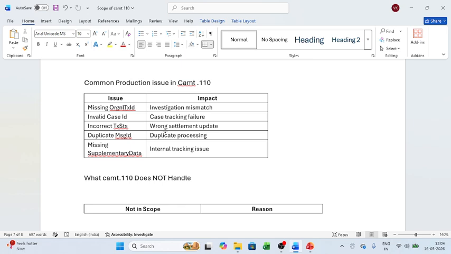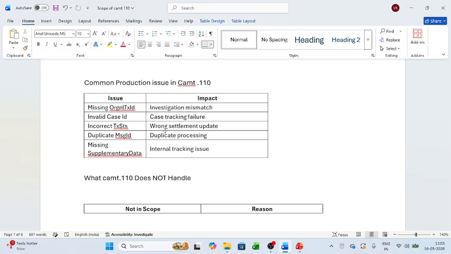Only then can you raise the camt.110 request. So the problems are a missing original transaction ID, an invalid case ID, and sometimes an incorrect transaction status. Duplicate message ID: the same message ID passed for two or three messages. Missing supplementary data, you need not bother about, because they say that right now they never do any inquiry for the supplementary data.